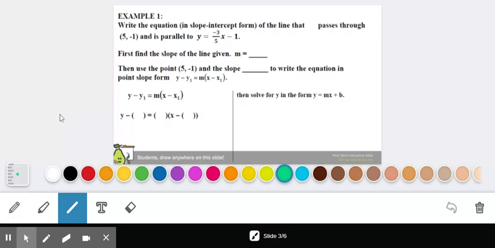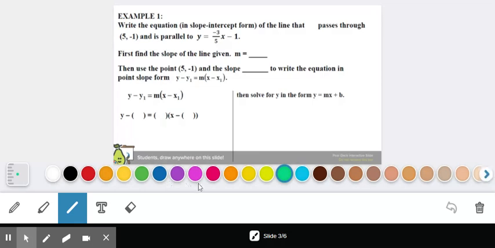Example 1 asks us to write the equation in slope-intercept form for the line that passes through (5, -1) and is parallel to y equals -3/5 x minus 1. Okay, so here's what we're going to do.